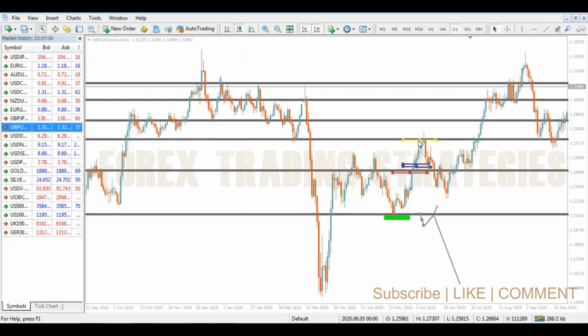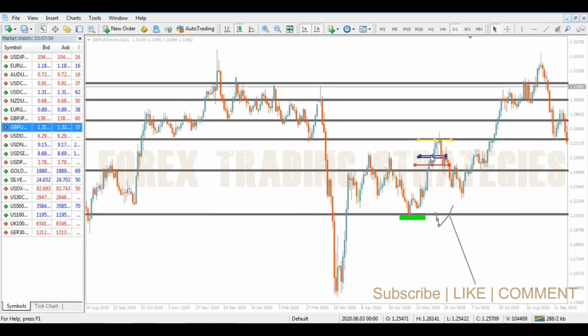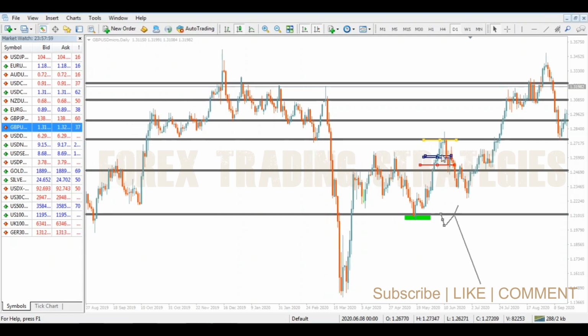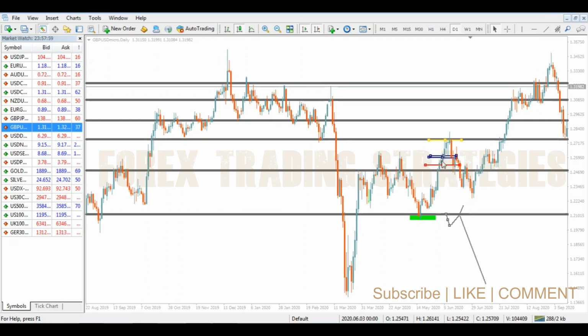My TP is there and now I'm waiting for price to continue going up, and my TPs will come to the first bounce, and I'm watching these things. Now they want to move.